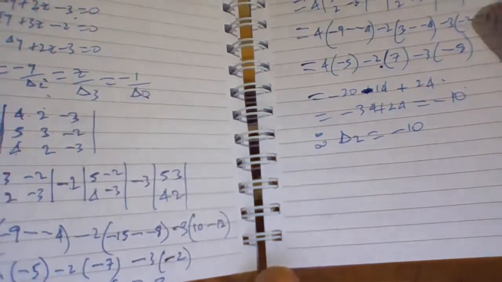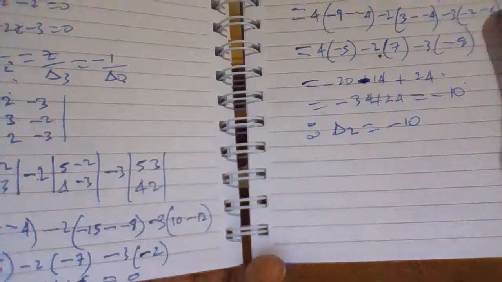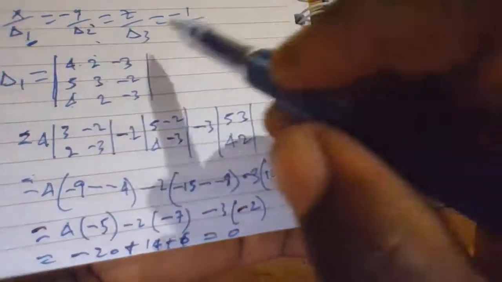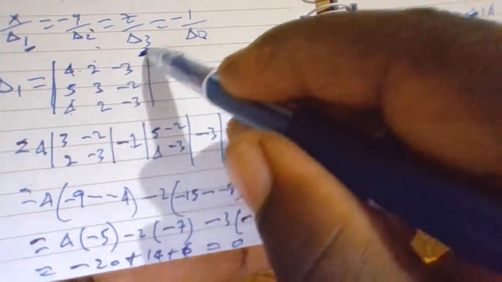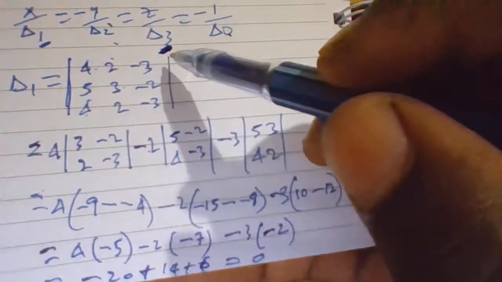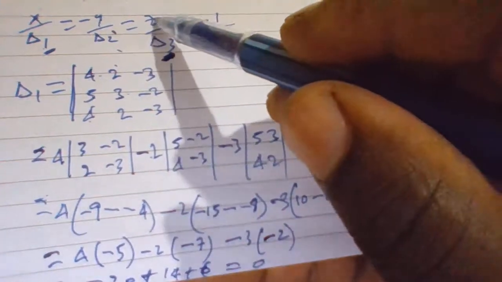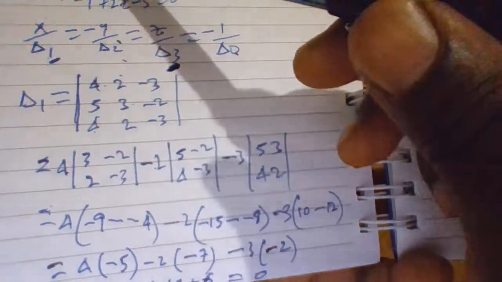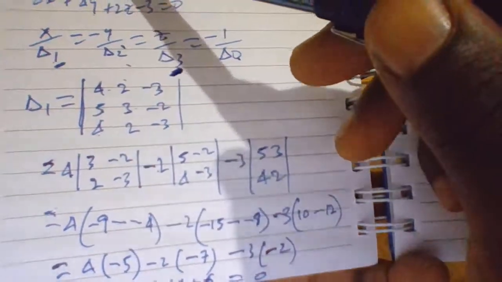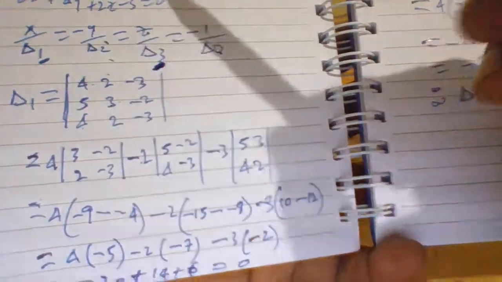So we have now del 2 and del 1, so we can now get del 3. Del 3 is associated with z. So in this equation we shall block the coefficients of z.